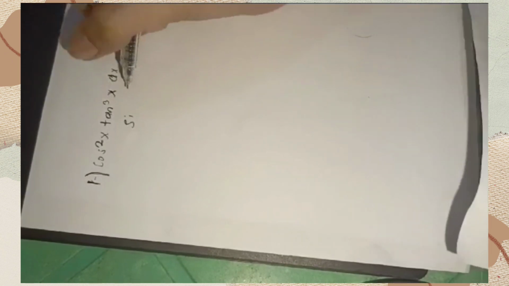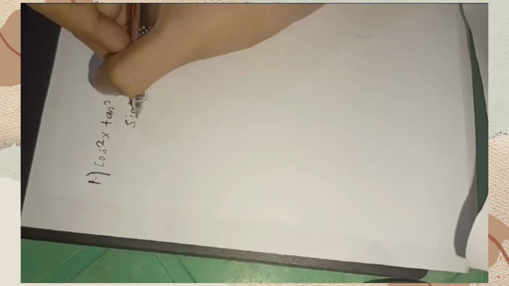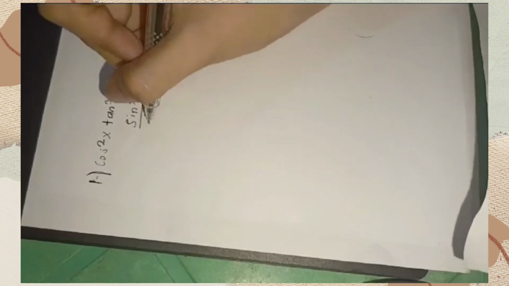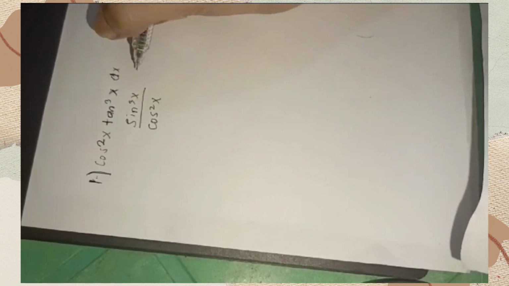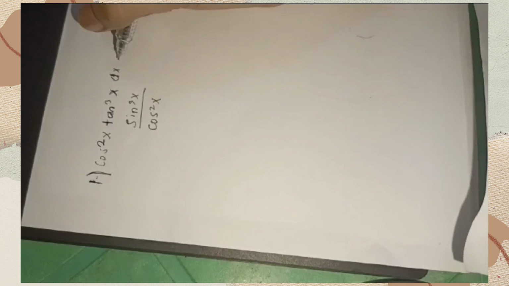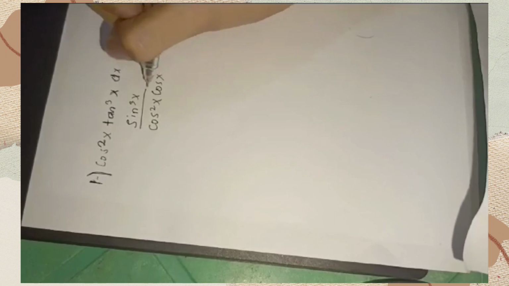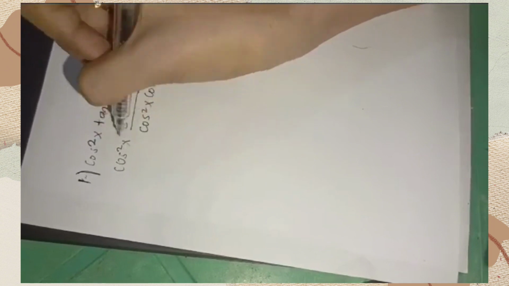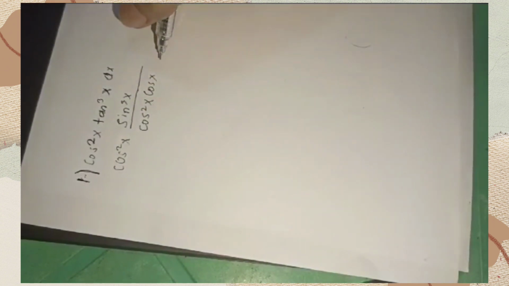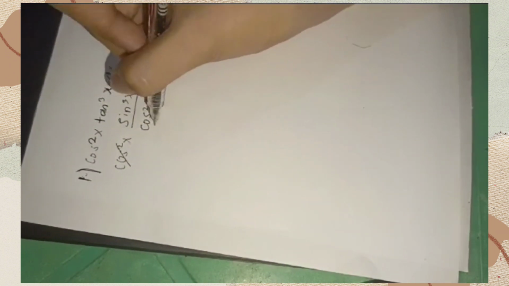When we expand, it will become sine cube x all over cosine cube x. Expand cosine cube x again, so it will become cosine squared x cosine x. Then copy cosine squared x. Next, cancel the cosine squared x with the denominator cosine squared x.